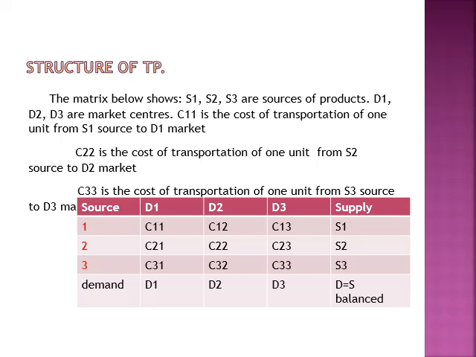It shows the cost of transportation of 1 unit of goods from source 3 to market 3, while C31 represents the cost of transportation of 1 unit of goods from the source 3 to the market 1.